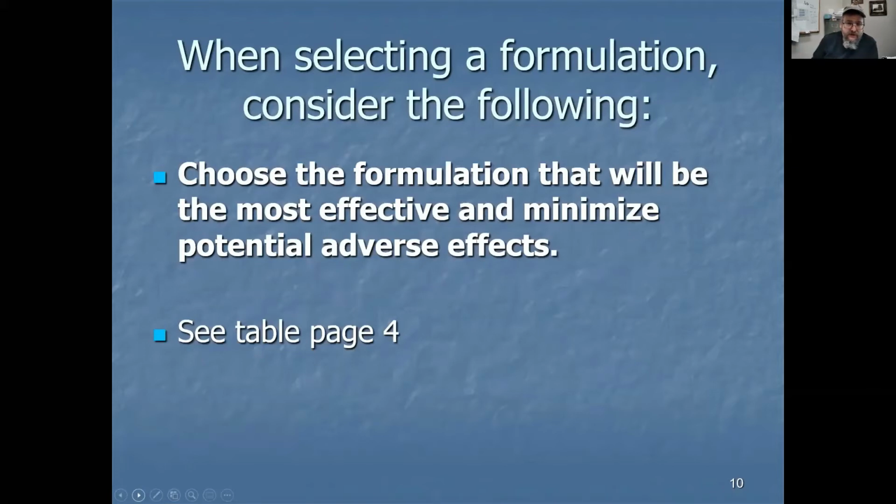So when you're selecting a formulation, you need to consider the following. You need to choose the formulation that will be the most effective and minimize potential adverse effects. So in your books on page 4, there's a chart here that lists formulation types, like I said, liquids, solids, gases.